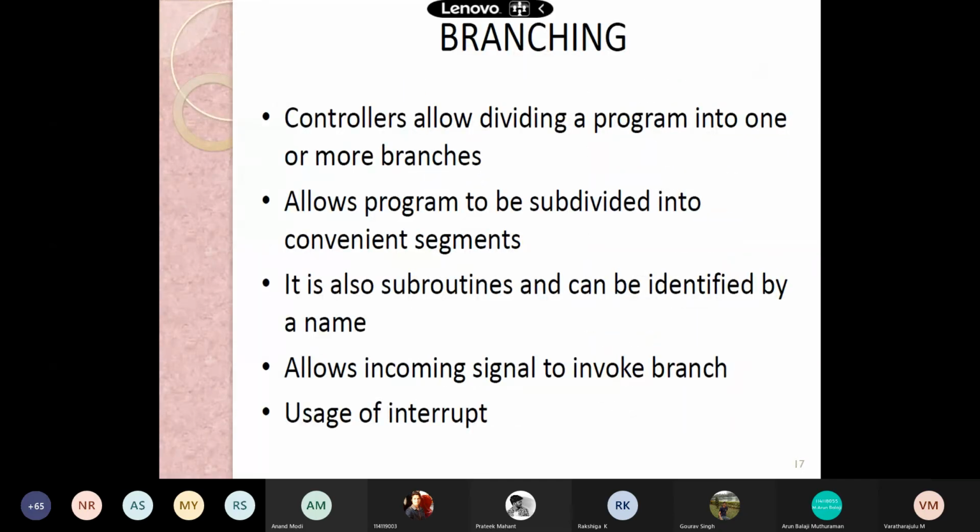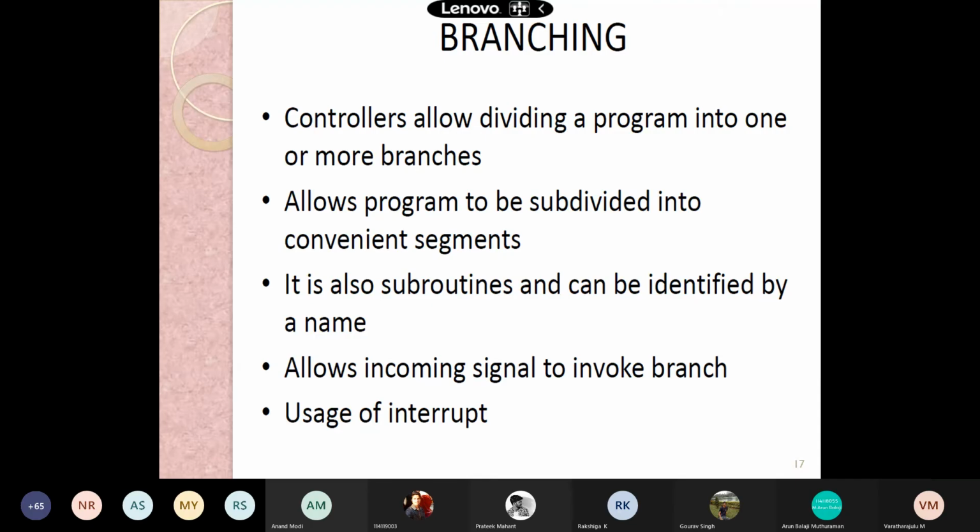And branching, yes, we used branching in order to reduce the number of lines. We have a large number of lines, and to reduce them we can use branching. The controller allows dividing a program into one or more branches, which allows the program to be subdivided into convenient segments.